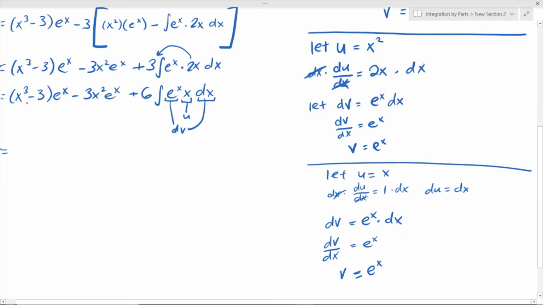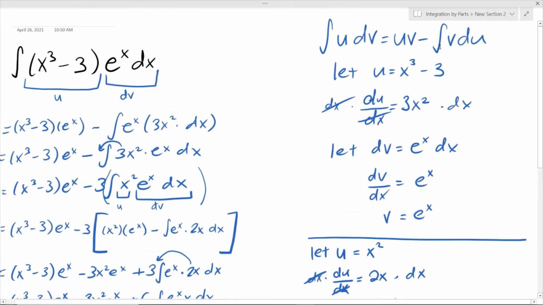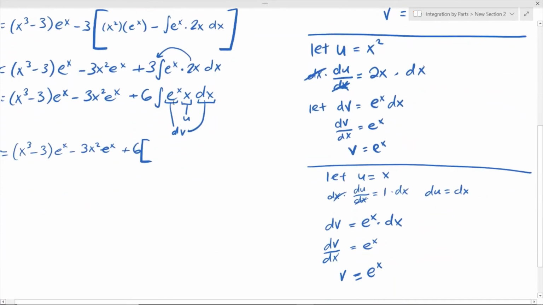Carrying on, we have to copy this. Plus 6, and then here, let's write this in square brackets. So we have to sub in our u, as shown before, our u times our v. So we are integrating this portion, so u is going to be x.